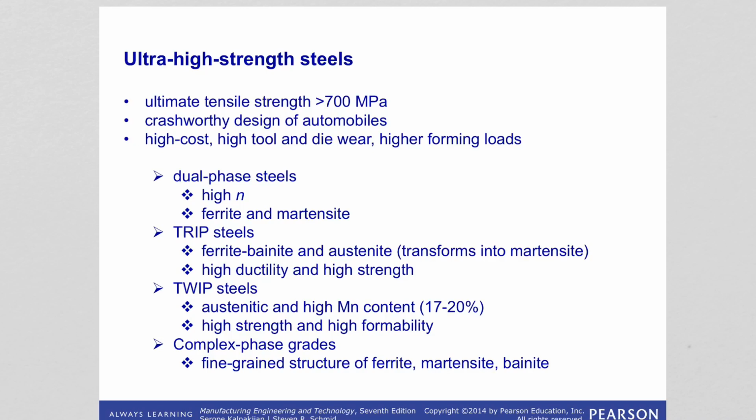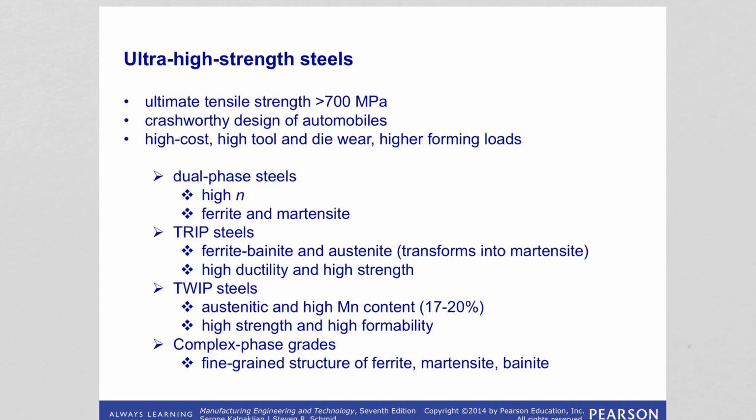During the forming operation, the austenite can transform into martensite. Therefore they have ductility because of the austenite during the shaping, and after the forming, because of martensite formation induced by the forming process, they also have high strength. So this is an interesting combination.